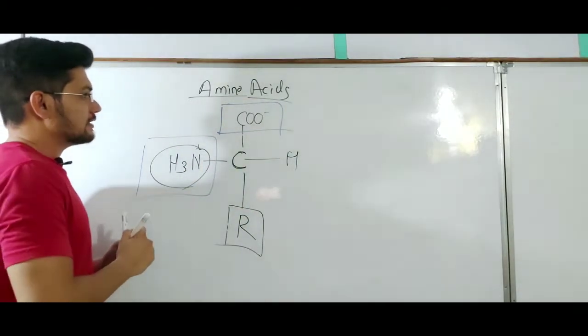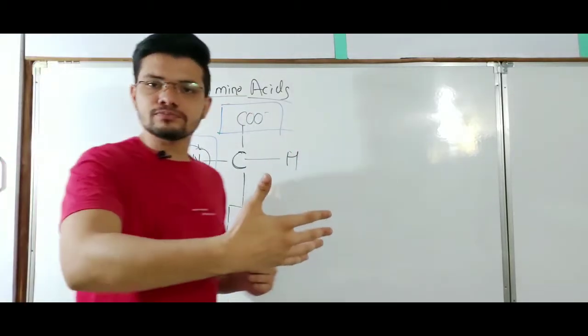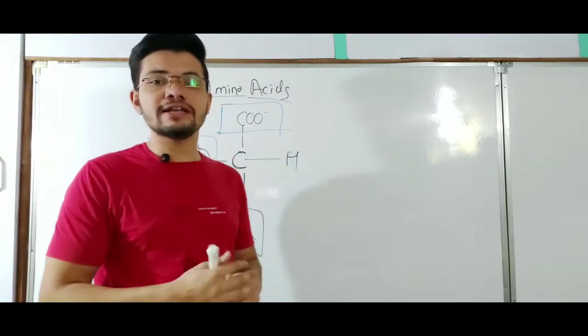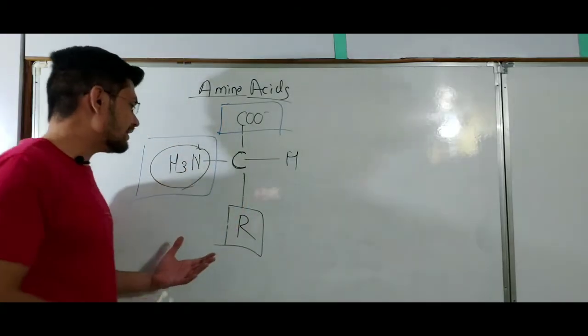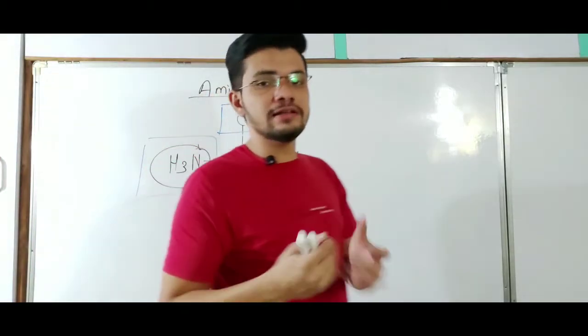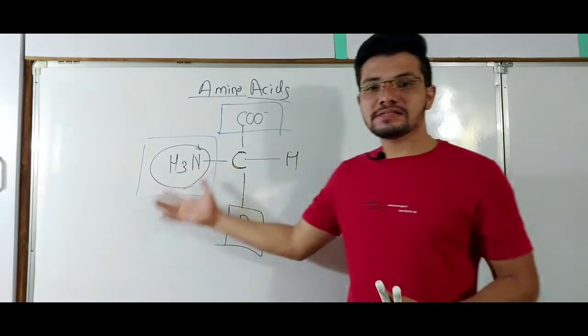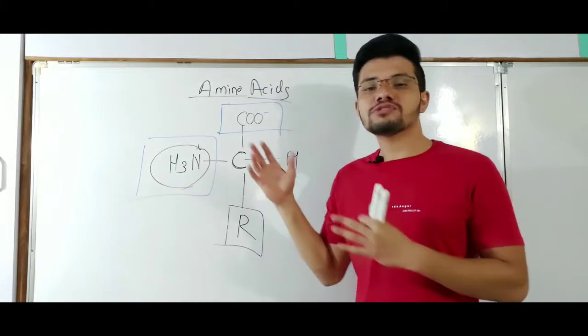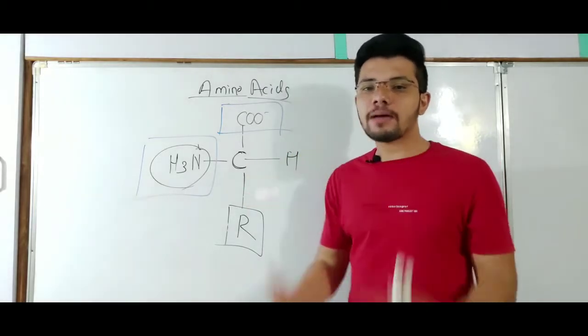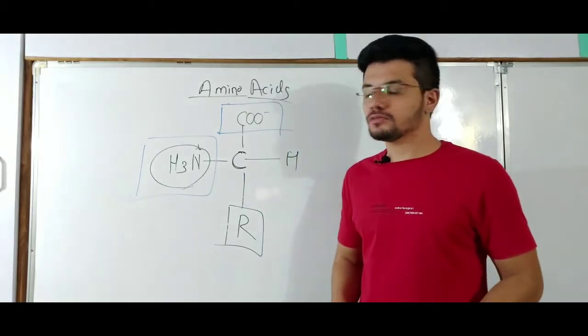So it can donate a proton like an acid does, so it can act as an acid, and it can accept a proton as well, so it can act as a base also, because both groups are present. That's why these molecules are called amphoteric molecules.